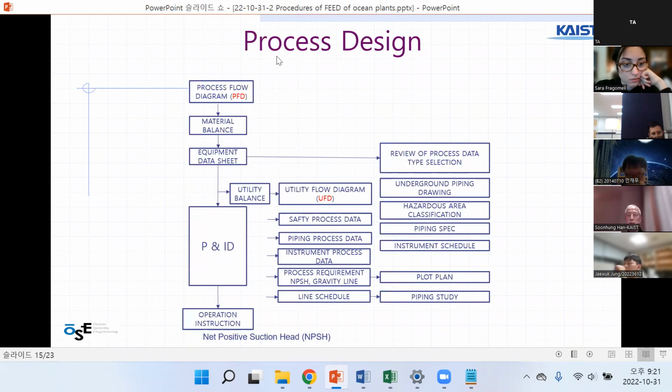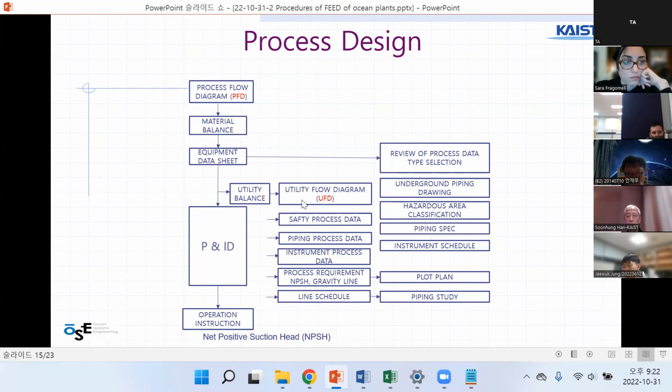And process design, it is short for chemical process. So there is a short name called process flow diagram, PFD, and that output comes to material balance, and then finally we get the equipment list, and that can be purchased.